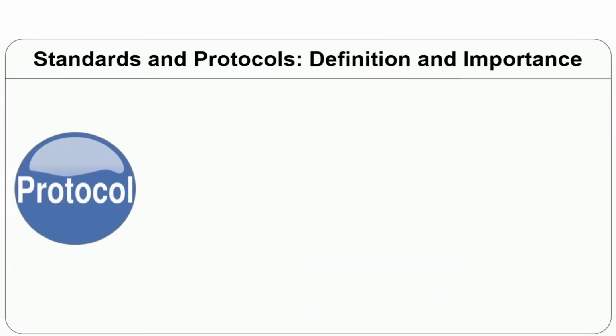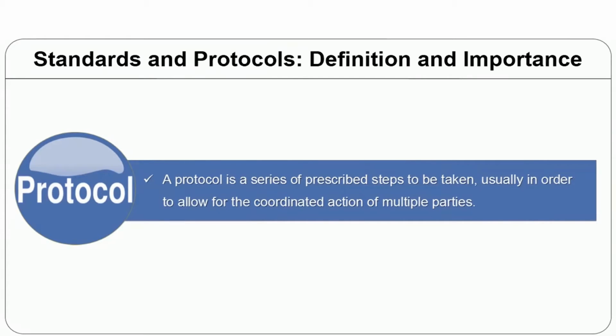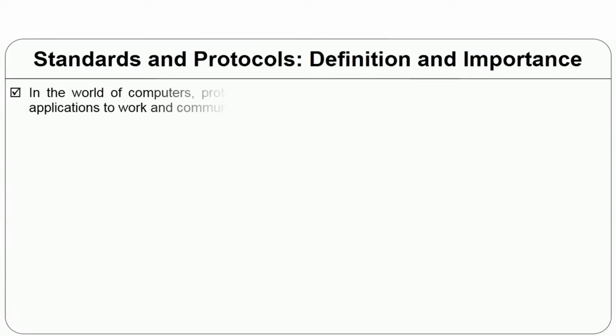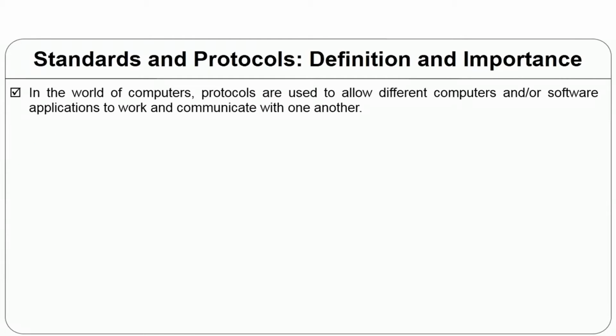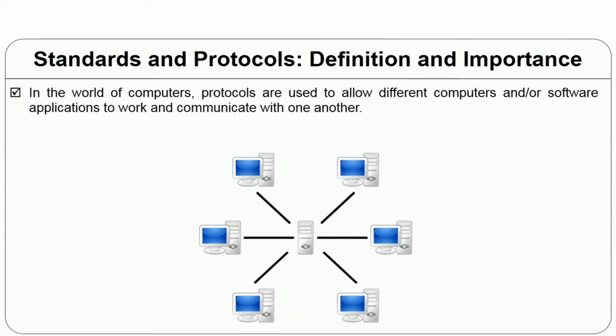So protocol is a series of prescribed steps to be taken. Protocol is a set of rules, usually to allow for the coordinated action of multiple parties. In the world of computers, protocols are used to allow different computers to work together. Protocol is a very common term in computer terminology, because it is used in software and in hardware.